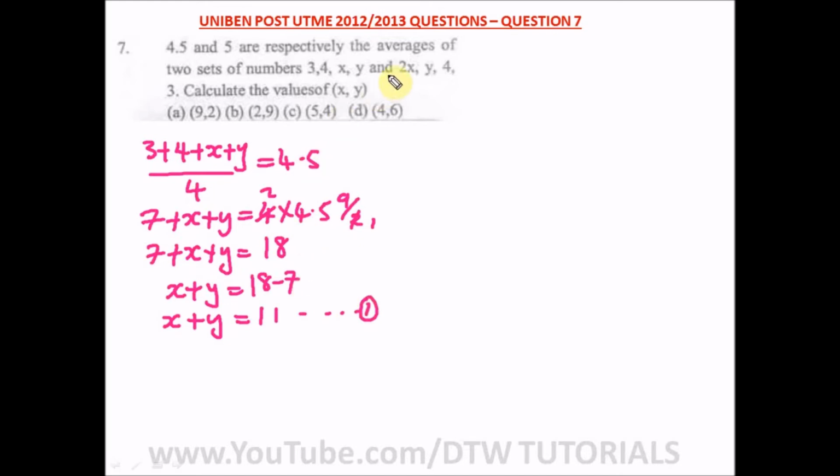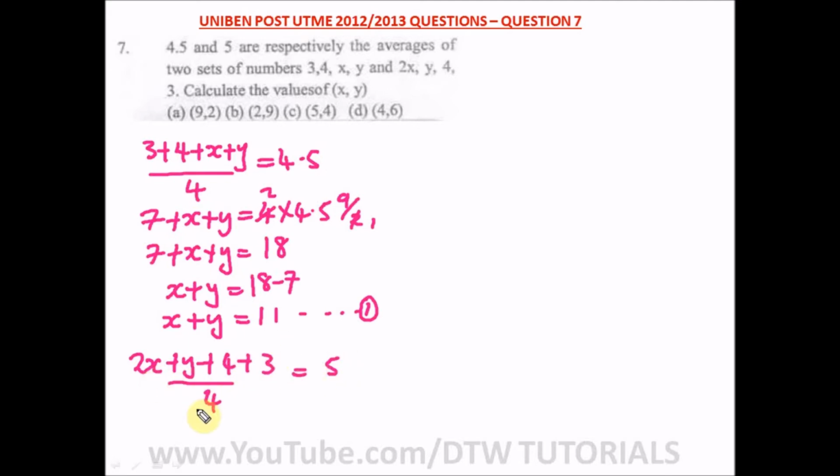Okay, let's simplify the next thing. It says 5 is the average of this particular set. That's 2x plus y plus 4 plus 3. Don't forget this 3 here. Divided by 4 equal to 5.